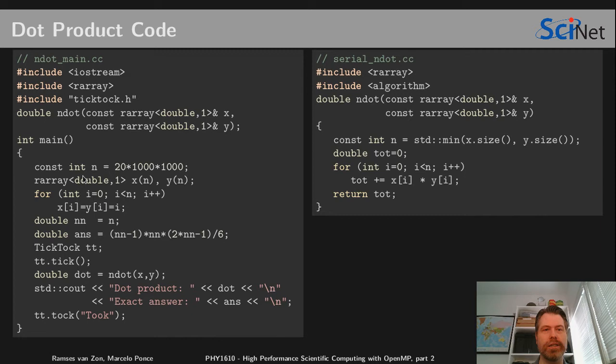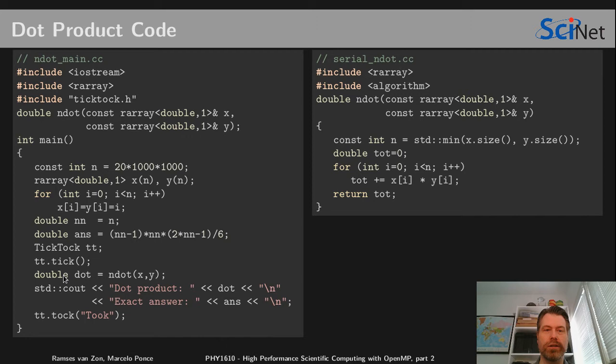And then what we're going to do is take the dot product, so we're going to do x_i times y_i and sum them all up. That dot product is done in a separate function called n-dot here, so it takes two of these arrays. It figures out which one is the smallest size so that it doesn't go over the edge of the other, and sums all of the products together into a variable called tot. This function is called within the driver routine, the int main here, by assigning the result of n-dot into dot, and it is wrapped in a tick and a tock.